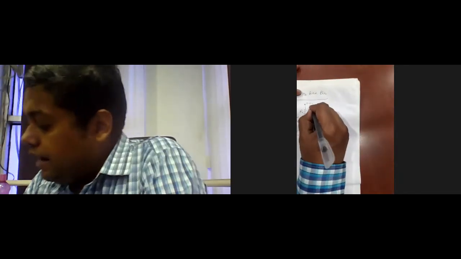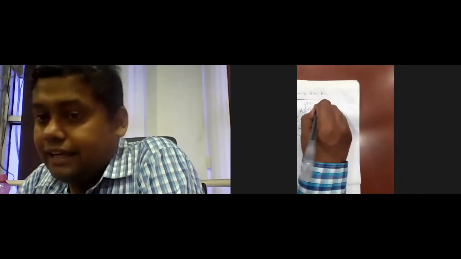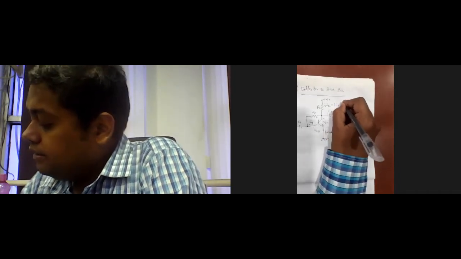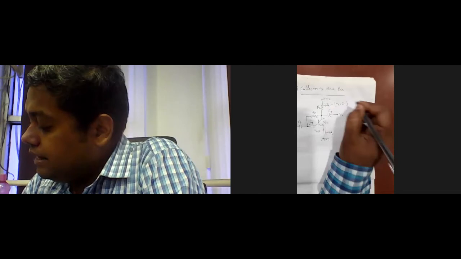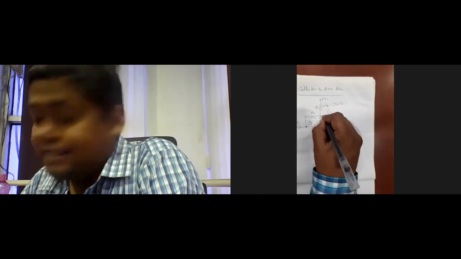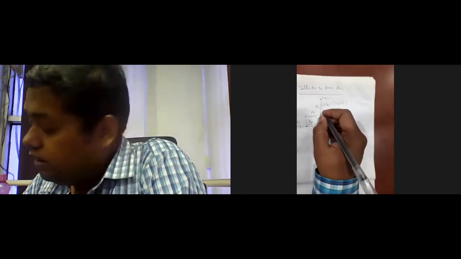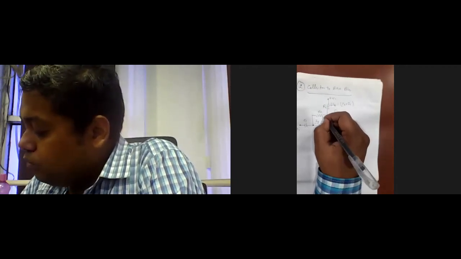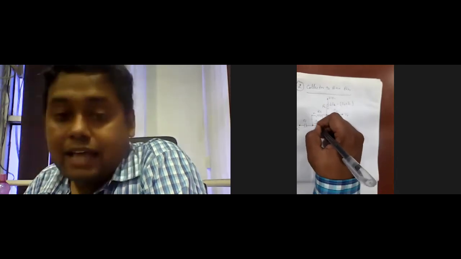Here this is considered as IL, and we can denote this IL as IB plus IC, where this current is considered as IB. If we apply Kirchhoff's current law at this node, then this IL is divided into two parts. One part on this side is IB.